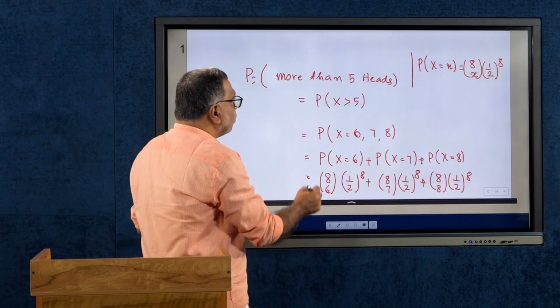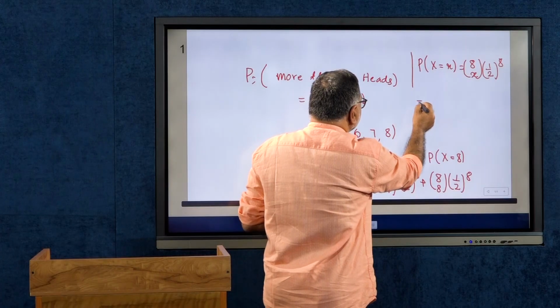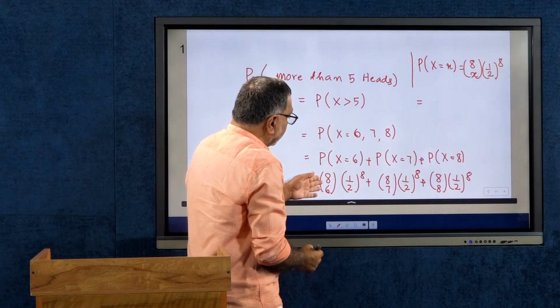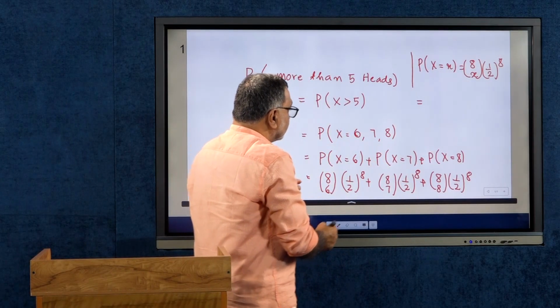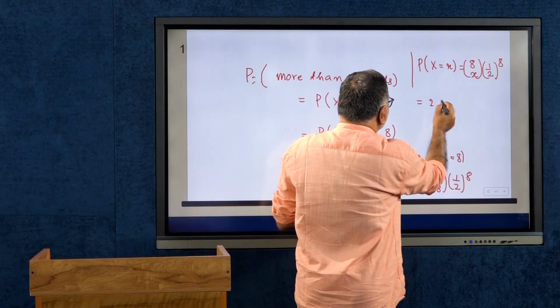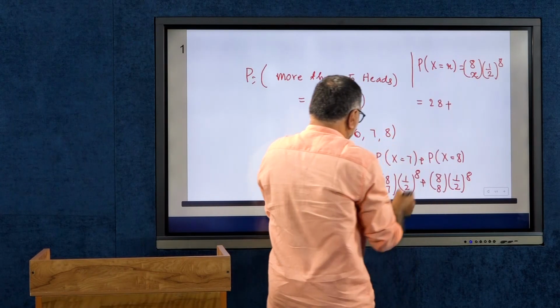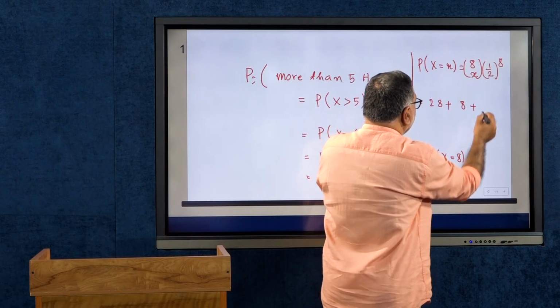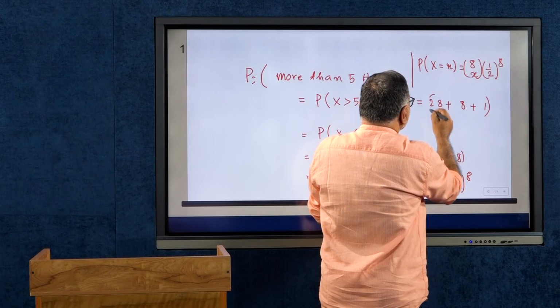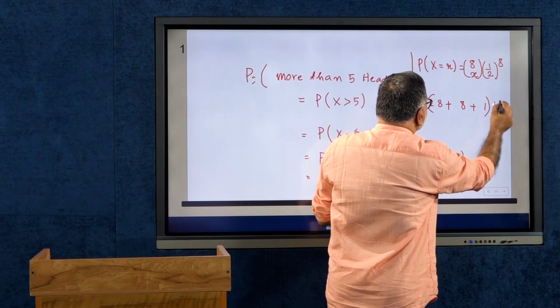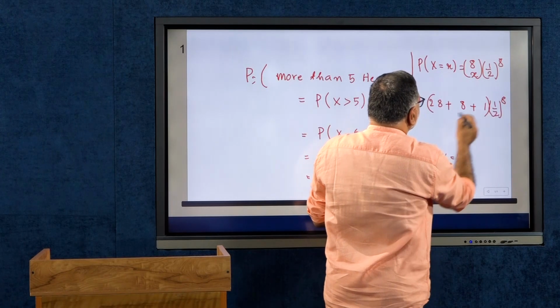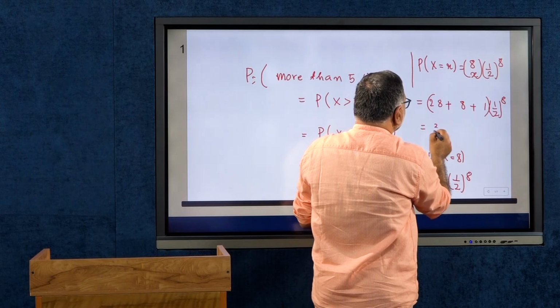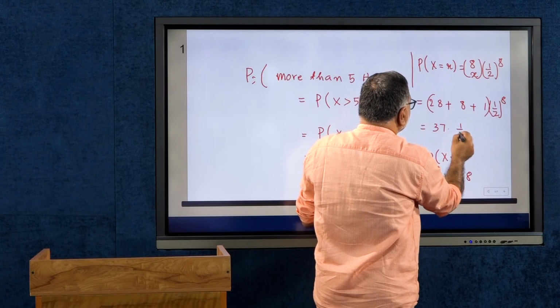And that is equal to, simplifying this expression, 8C6 is again 28, plus 8C7, that is 8, plus 8C8, that is 1, times (1/2)^8. That is 37 into (1/2)^8.